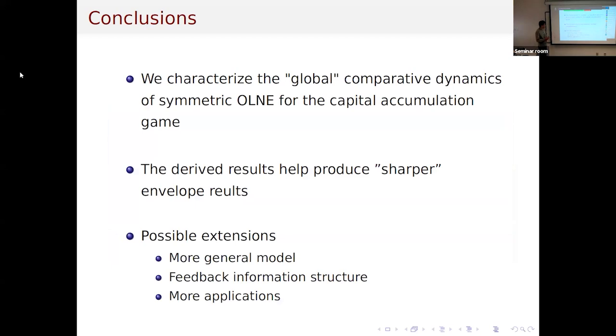Now here are some conclusions. We characterize the comparative dynamics of symmetric open-loop Nash equilibria for the capital accumulation game, and it's quite a general one. We also argue that our results help us produce sharper results. Of course, there are some possible extensions of our work. First of all, maybe we can work on even more general models.